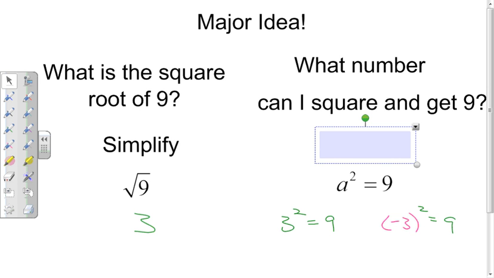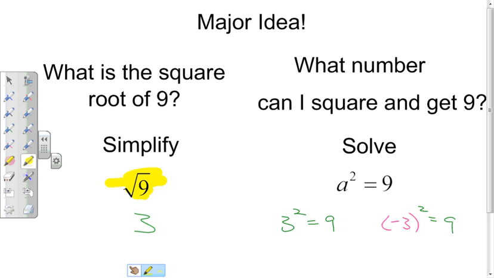So really, you have to understand that this is the difference between simplifying and solving. This is an expression here that we simplify, and this is an equation here that we solve, and implied in that is an understanding that it's not what number can I square and get 9 when I go to solve that equation. It's really what numbers. In fact, tell me all the numbers I can square and get 9.